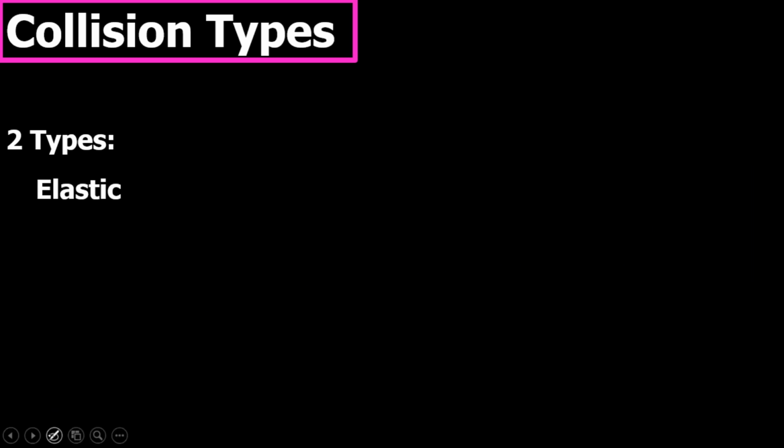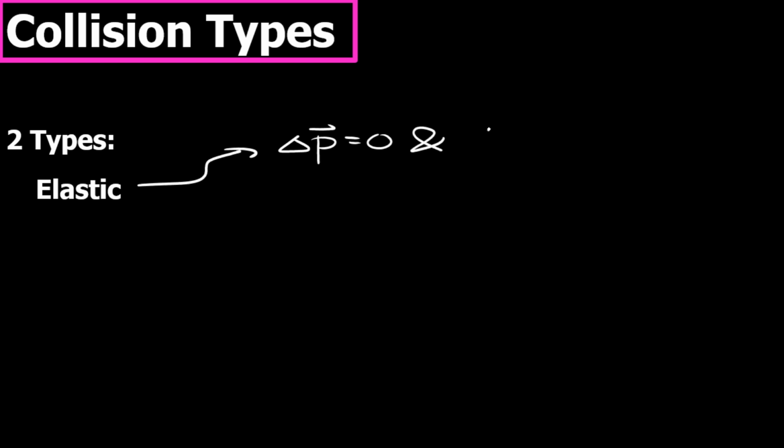In the case of elastic collisions, you characterize them by the obeyance of momentum conservation and the obeyance of the conservation of kinetic energy. That means your final kinetic energy will be the same as your initial kinetic energy.